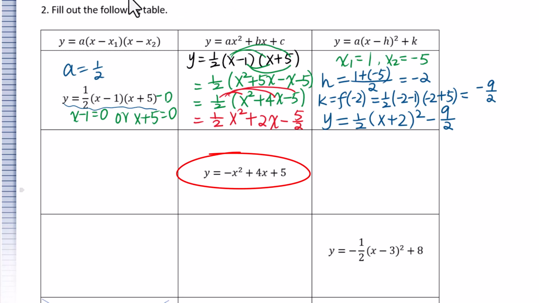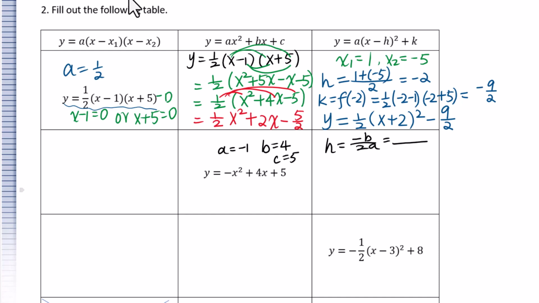We are given this standard form. We want to change it into factored form and vertex form. a equals negative 1, b equals 4, c equals 5. So h equals negative b over 2a equals negative 4 over 2 times negative 1 equals 2. Then k equals f of 2.